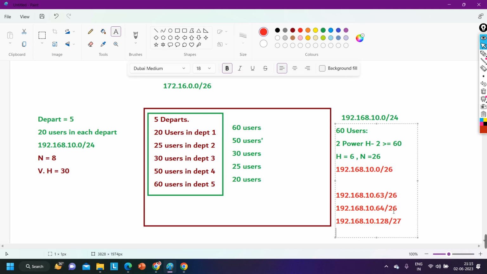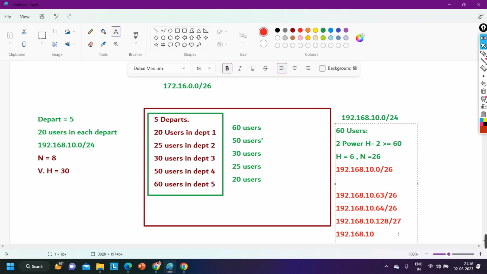Now the block size will be different. You can calculate it: 128, 160, 192. So this is the result for department 3, and I am going to use the next network.